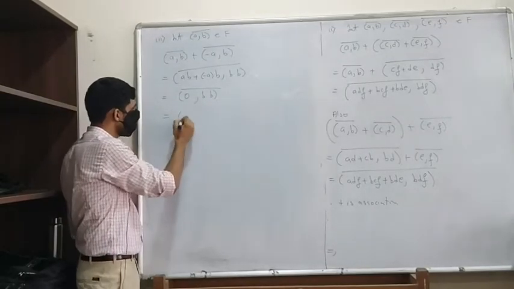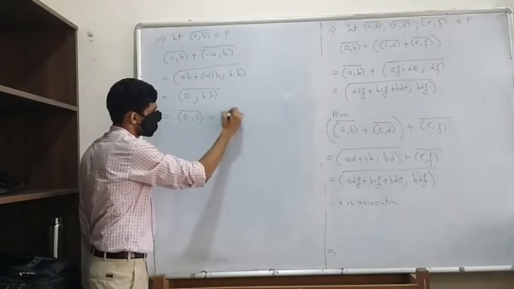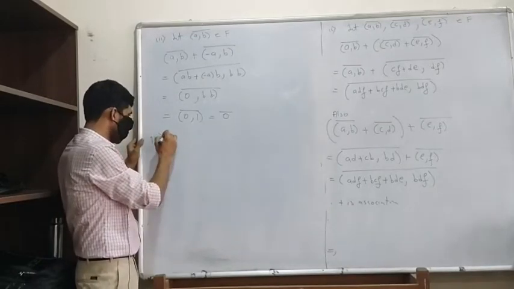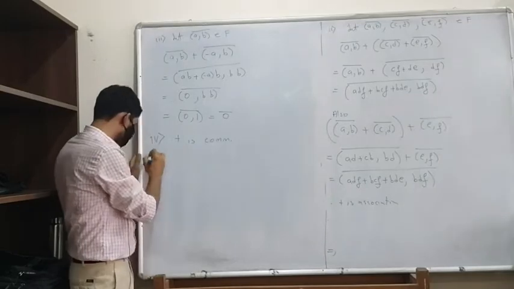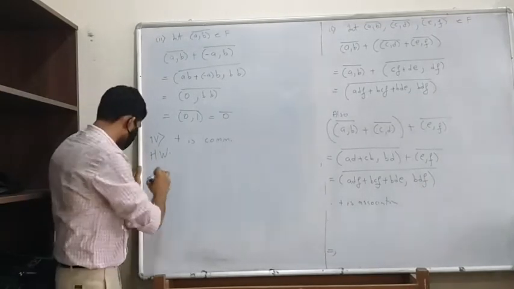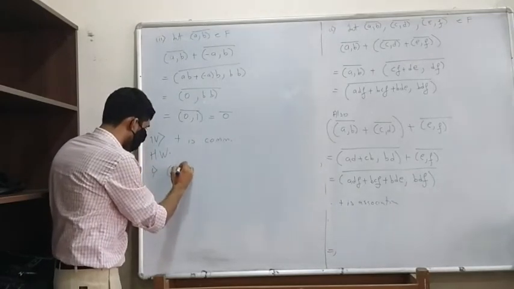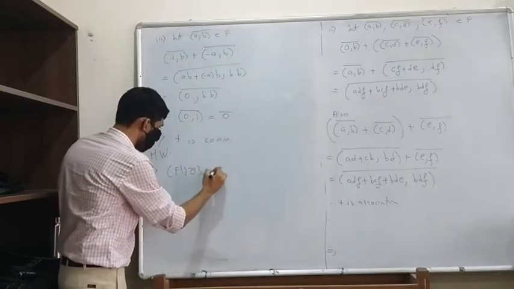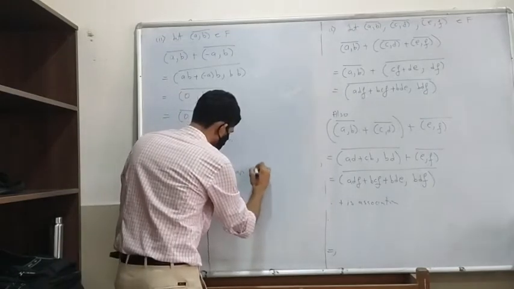So this is nothing but 0 comma 1 bar, which we have written as 0 bar. And finally, fourth, you show that this I will not do. Plus is commutative. And as a homework, you would need to show this. F minus the 0 bar with respect to dot is an abelian group.